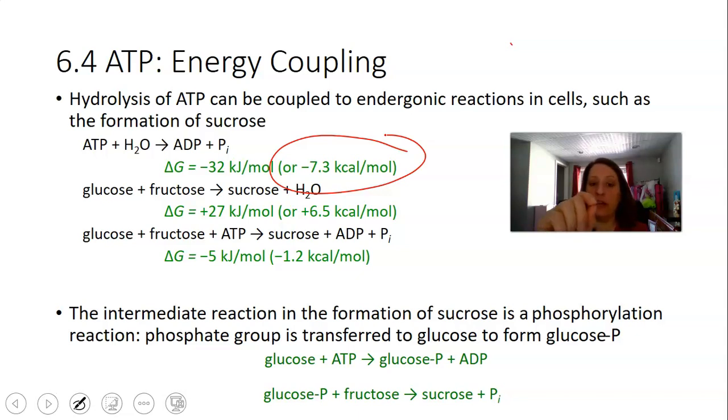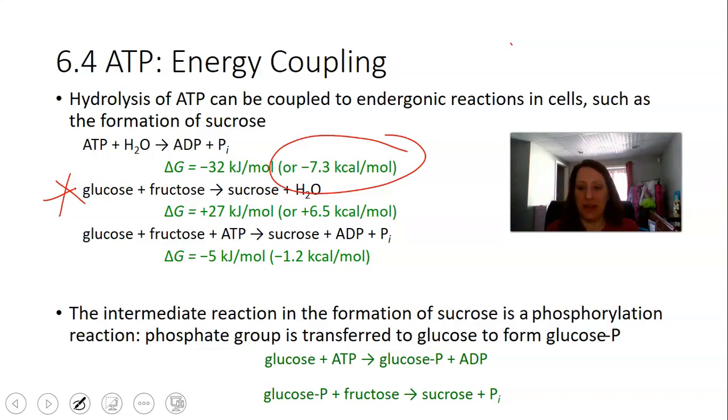Again, we're going to be using the energy from ATP to drive other reactions. So that's shown here. If you look at this second reaction, if we take glucose and fructose, those are 2 monosaccharides, and we put them together, that process is called dehydration synthesis.